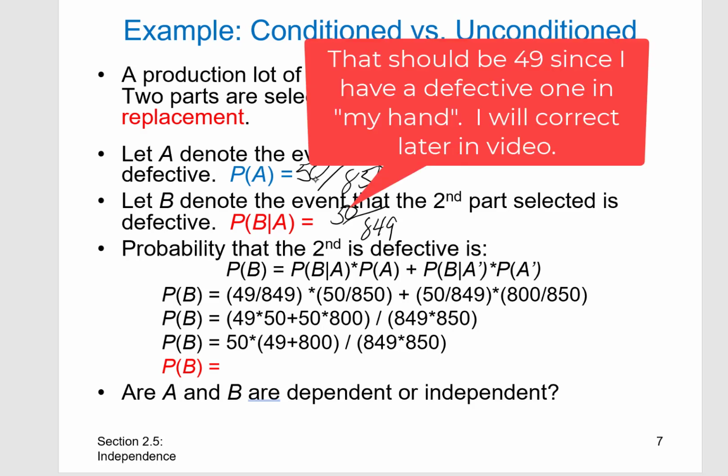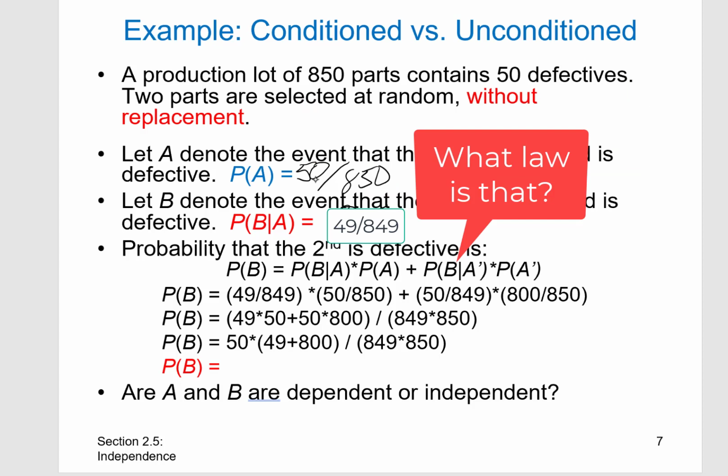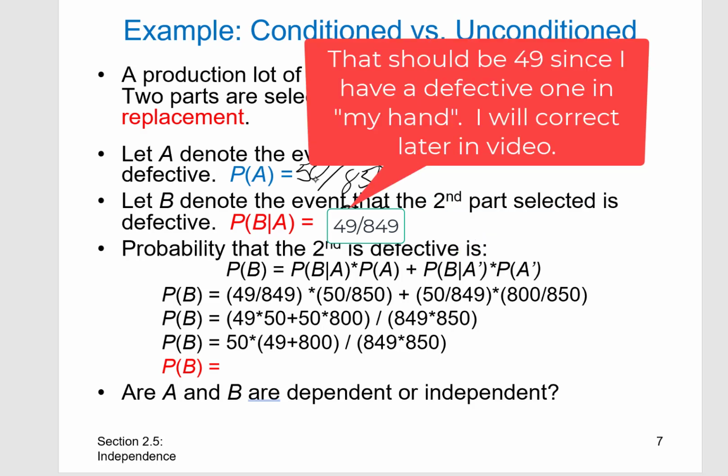So when I look at this, the probability of B, that the second is defective, is going to look like the probability of B given A times the probability of A, plus the probability of B given A prime times the probability of A prime. That's the law of total probability.